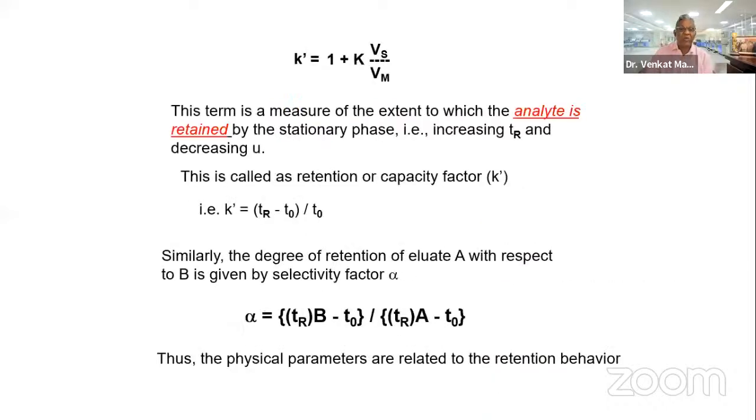Now, this capacity factor I can correlate to the retention time of your compound, as k prime is equal to the retention time of your one compound analyte minus the initial injection time, divided by the time at which it comes in contact with your stationary phase.